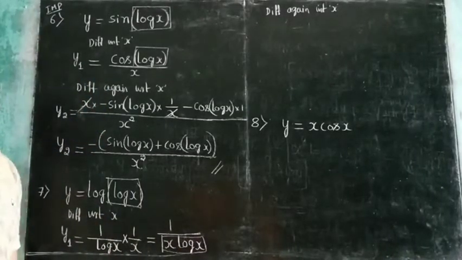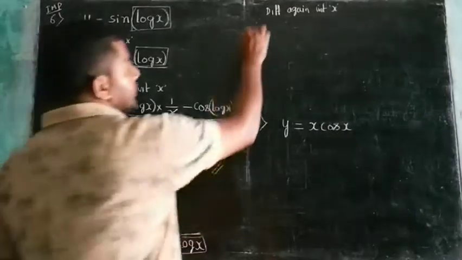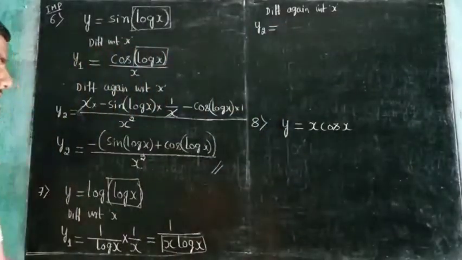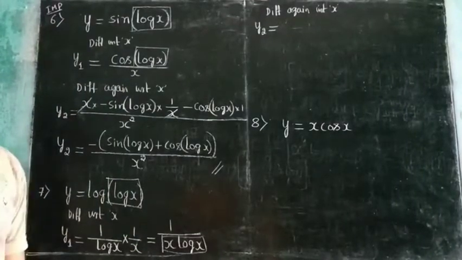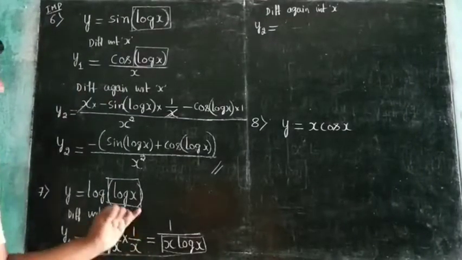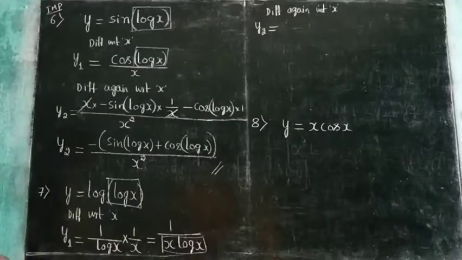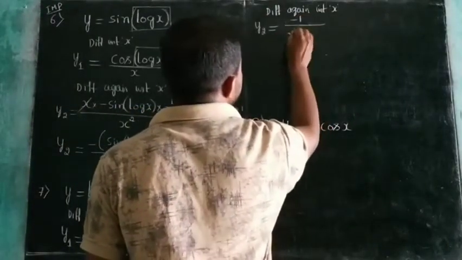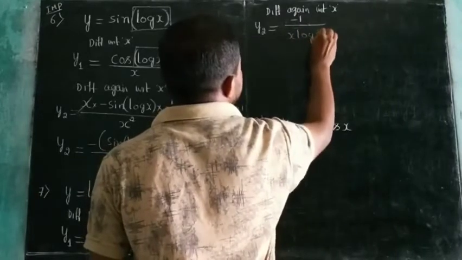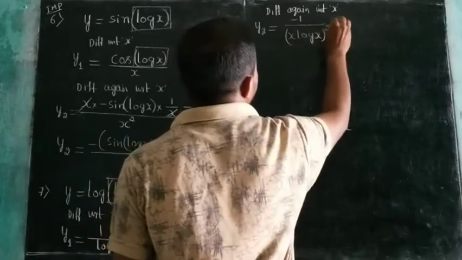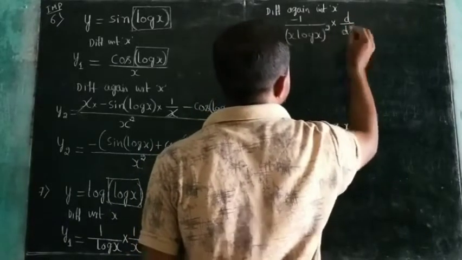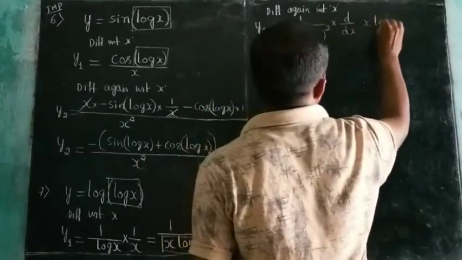What is the derivative of y1? y2 is equal to, what is the derivative of 1 by x log x? What is the derivative of 1 by dabba? The derivative of 1 by dabba is minus 1 divided by dabba square. Dabba is nothing but (x log x) whole square into d divided by dx of dabba. Dabba is nothing but x log x.